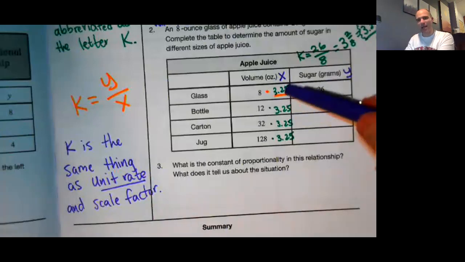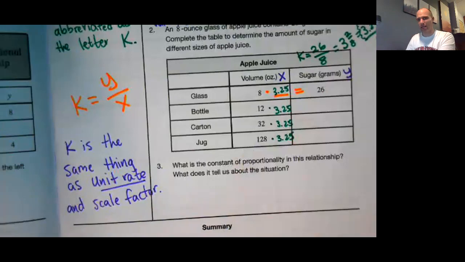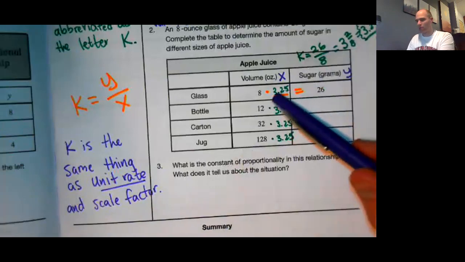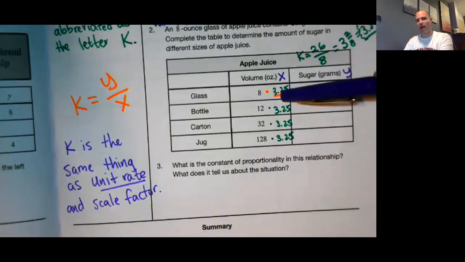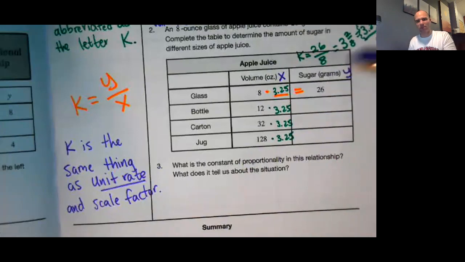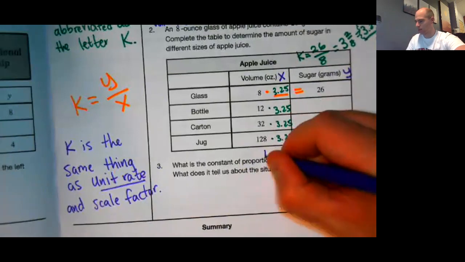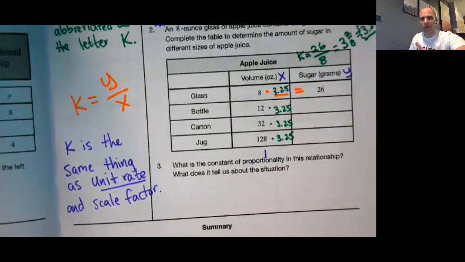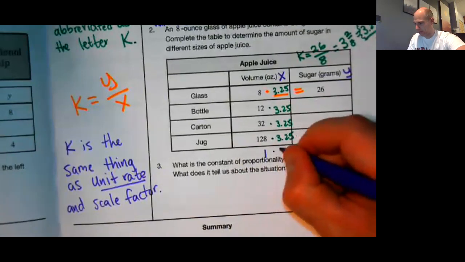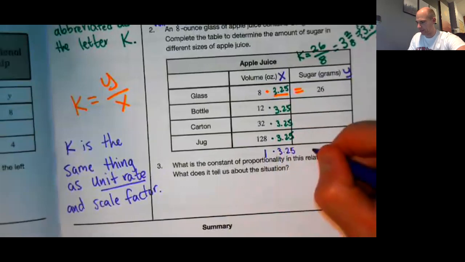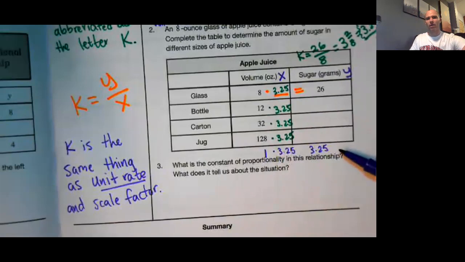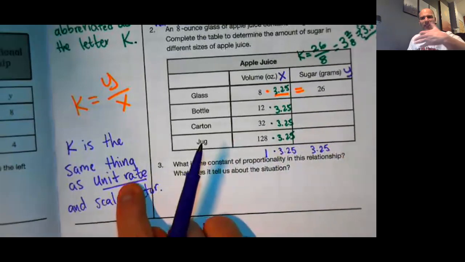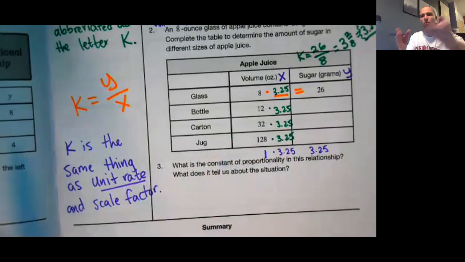Well, this K winds up being the exact same as the unit rate, because what this 3.25 is saying is that for every 1 ounce of apple juice, there's 3.25 grams of sugar, right? Because if I put a 1 in the X column here, and then I wanted to figure out the Y, I would multiply by 3.25, and the answer over here would be 3.25. So for every 1 ounce, I'm getting 3.25 grams of sugar, which is exactly like the definition of a unit rate. How much are you getting per 1?